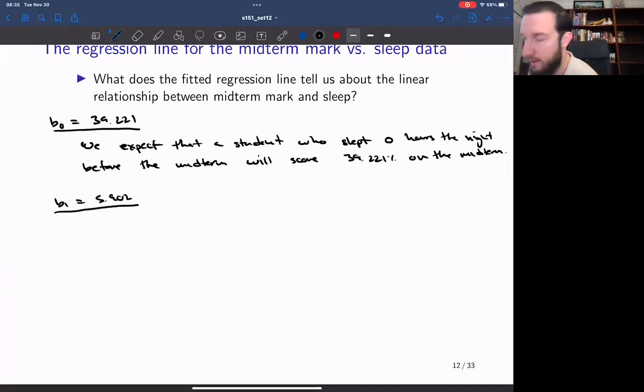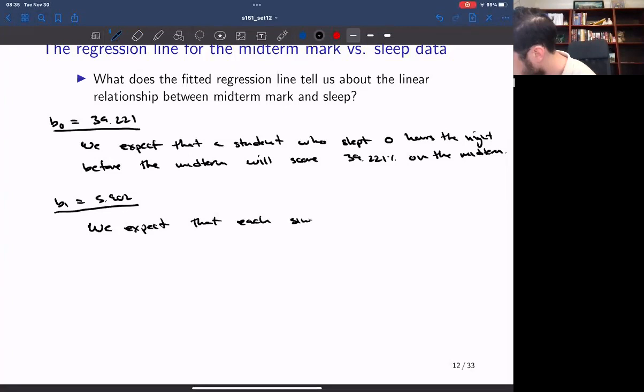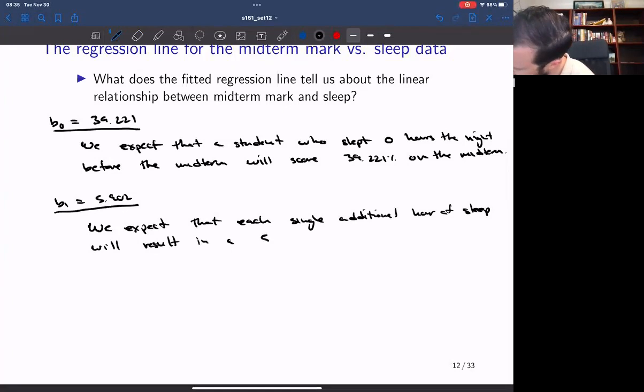So we could say that we expect each single additional hour of sleep will result in a 5.902% increase on the midterm.